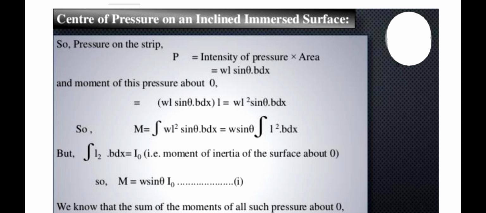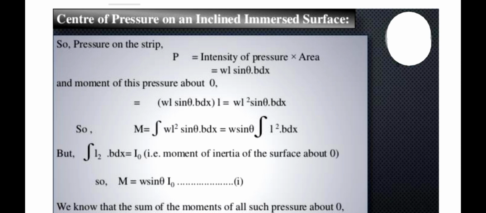and the moment of the pressure about O is equal to w l sin theta into b dx into l, equal to w l square sin theta into b dx. So M is equal to the integration of w l square sin theta into b dx, equal to w sin theta integration l square into b dx.